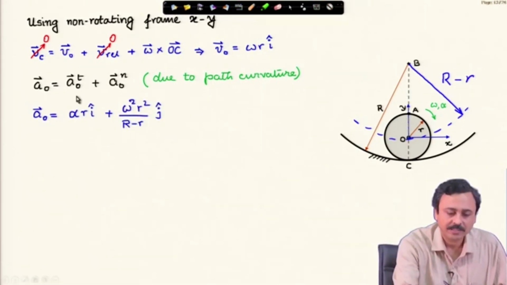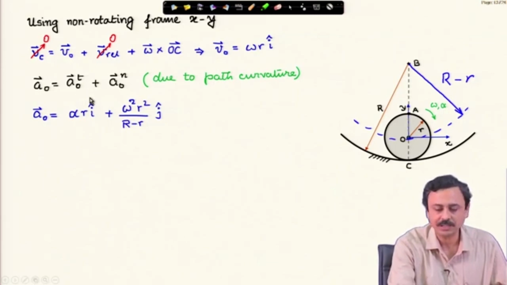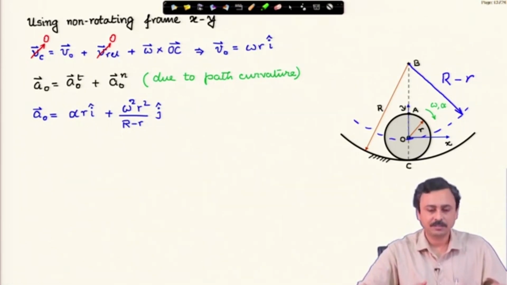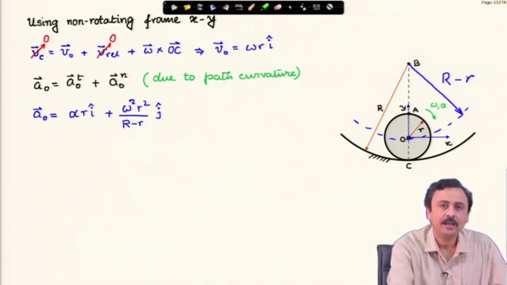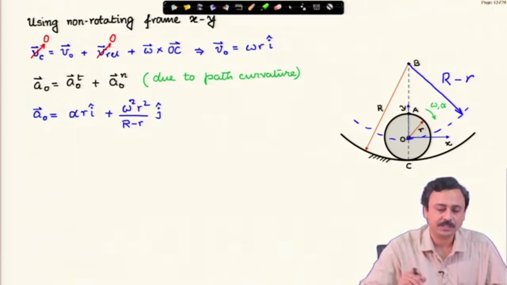Therefore, this acceleration of O will have two components, tangential and normal, because of path curvature. Tangential acceleration is same as what we have derived earlier, because you remember that C is the instantaneous center of rotation.